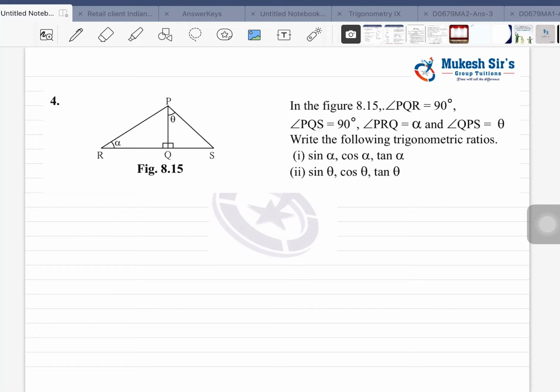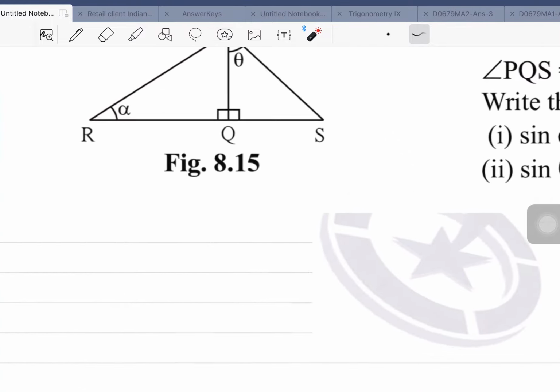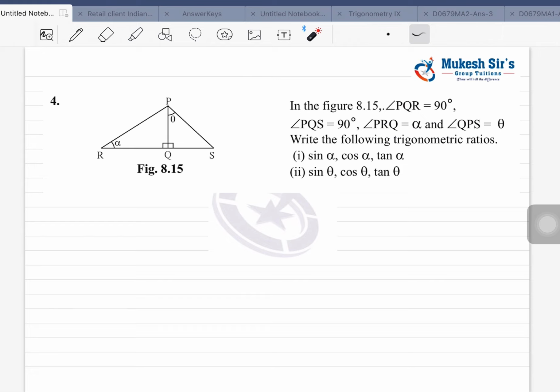यहाँ पे they have given two triangles, so you have to consider two triangles. ये triangle में you have to find theta का sin value, cos value, और ये triangle में you have to find alpha का sin value and cos value. So check this question and solve this sum and solve these two questions more.